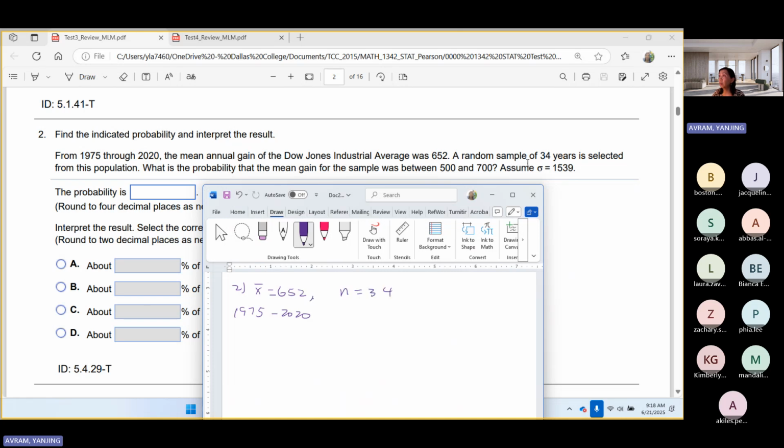A random sample of 34 years is selected from the population. Okay, what is the probability?